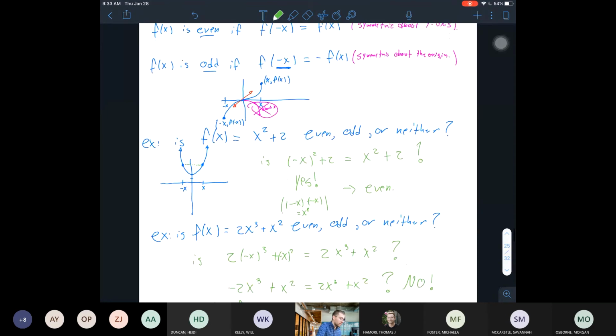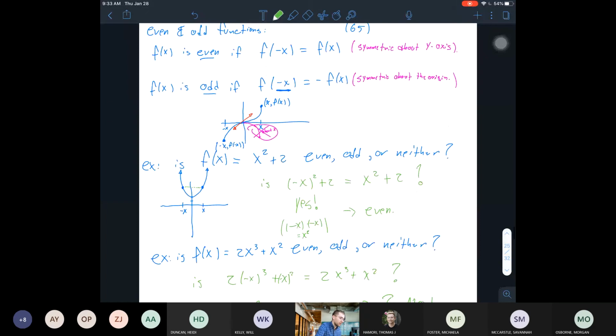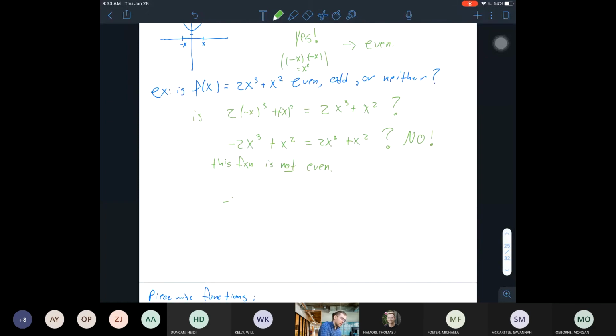If it's odd, what would be the case? We would have that f of negative x should be equal to negative f of x. Well, we've already computed f of negative x. That was negative 2x cubed plus x squared. And we just need to check, why don't I use another color for this one? We'll use another color for odd. Use red.